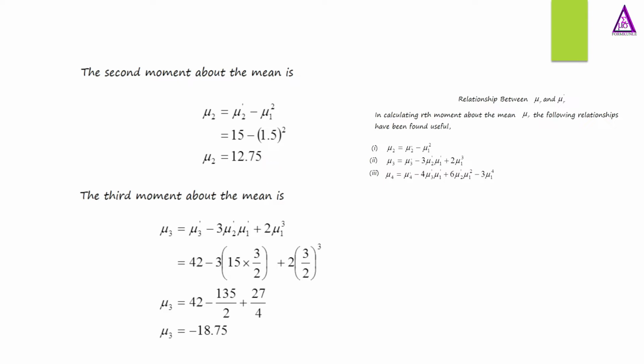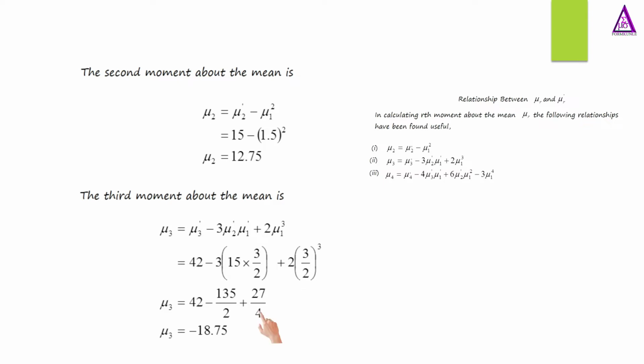12.75. The third moment about the mean is equal to the third moment about the origin minus 3 times the second moment about the origin times the first moment about the origin plus 2 times the first moment about the origin raised to power 3, equal to 42 minus 3 times (15 times 3/2) plus 2 times (3/2) raised to power 3.